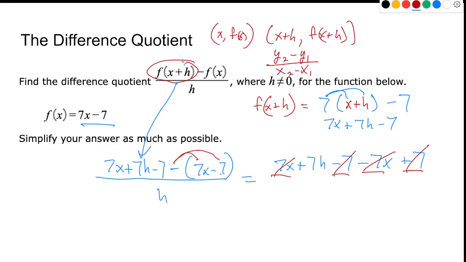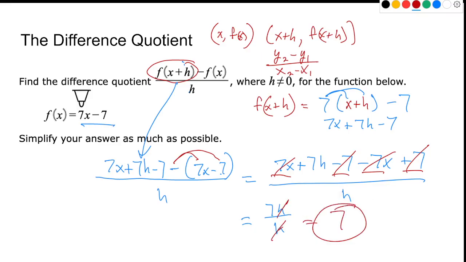Those become 0. Again, I get ahead of myself a little bit. Sometimes there's the h still. And so what we're left with is 7h over h, but h divided by h, let's go ahead and write that down. Becomes 1. 1 times 7 is 7. And that's it. Yeah, the slope is 7.